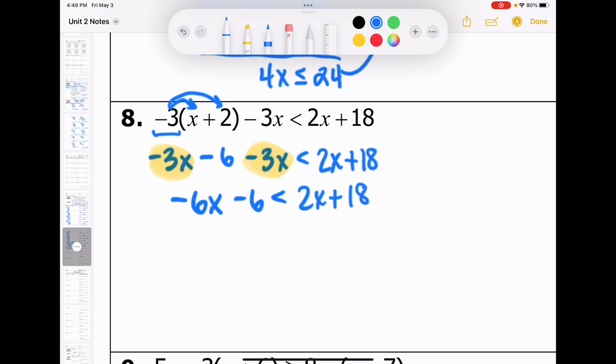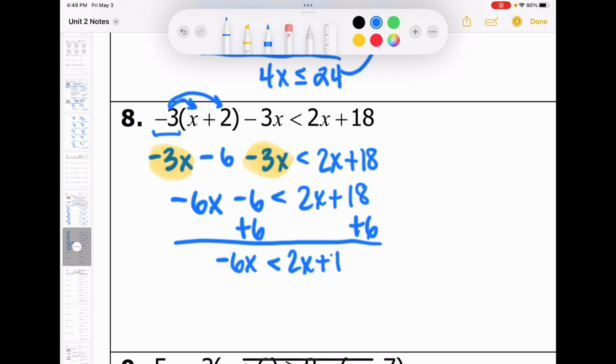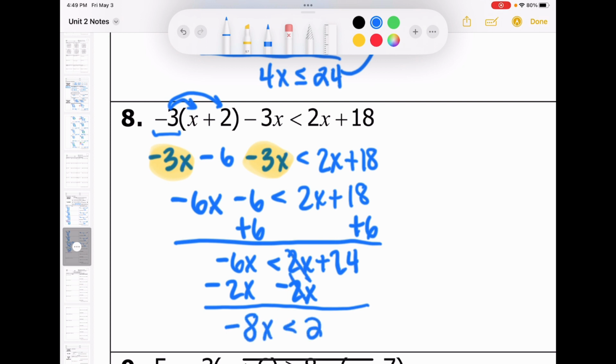All right, now I want to get all my regular numbers on the right, so I'm going to add 6 to both sides. So that leaves me with negative 6x is less than 2x plus 24. Now I need to subtract 2x on both sides, which gives me negative 8x is less than 24.